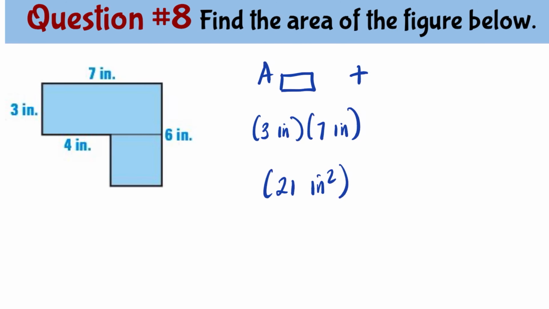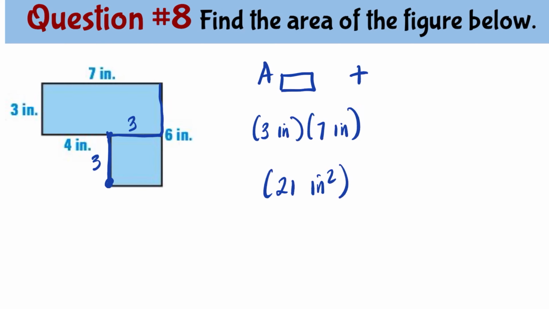Now let's find the dimension of this shape below. From this point to here, that's how many inches? 3 inches, right? Because we need to subtract 4 from 7. That gives us 3. Now, from this point going down, what will be the dimension? Also 3, right? We can subtract 3 units from the 6.